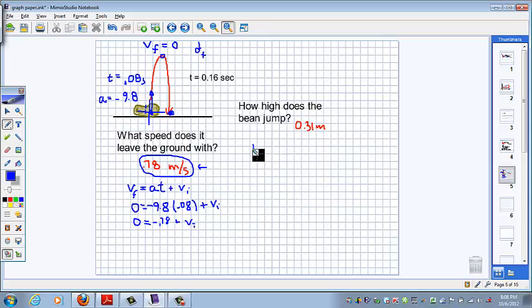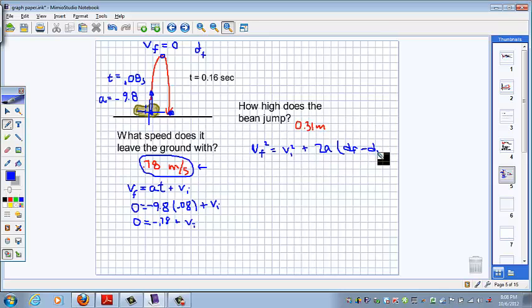And so we can write our equation 4, vf squared equals vi squared plus 2 times a times the distances subtracted, so that's df minus di.